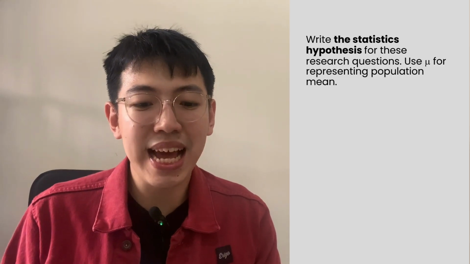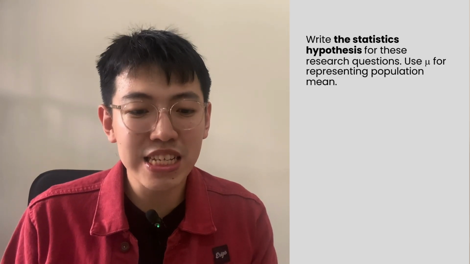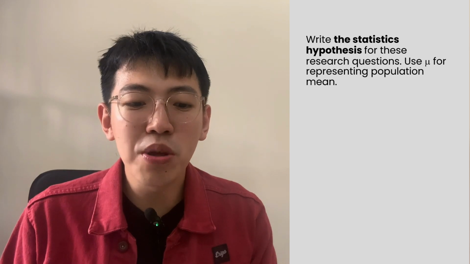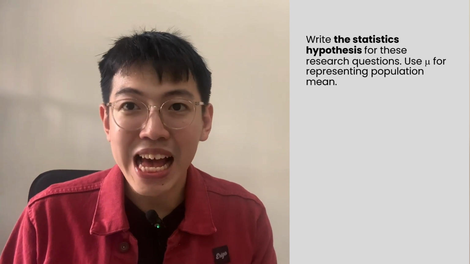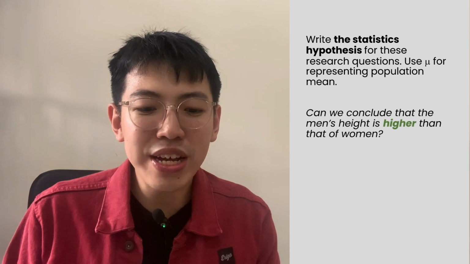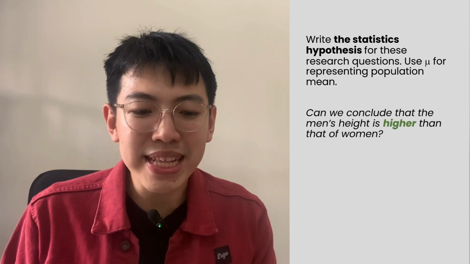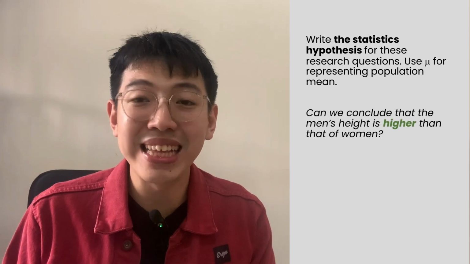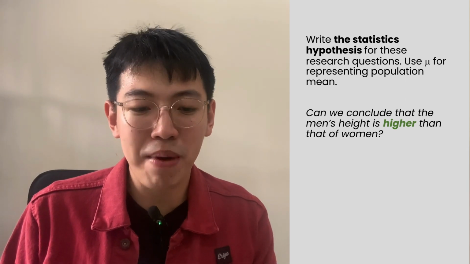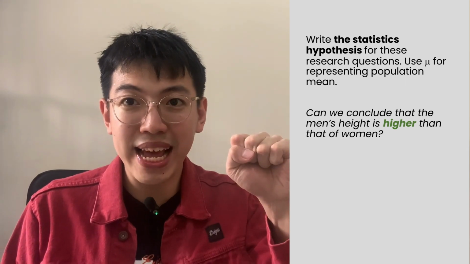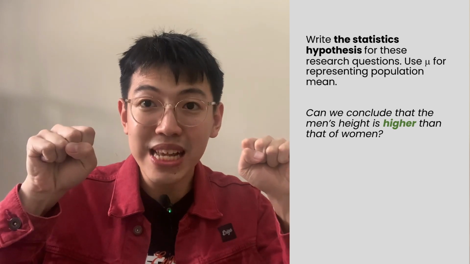Write the statistical hypothesis for these research questions. Use mu for representing population mean. The first question: can we conclude the mean of men's height is higher than that of women? So we want to compare the mean of men's height and also women's height.